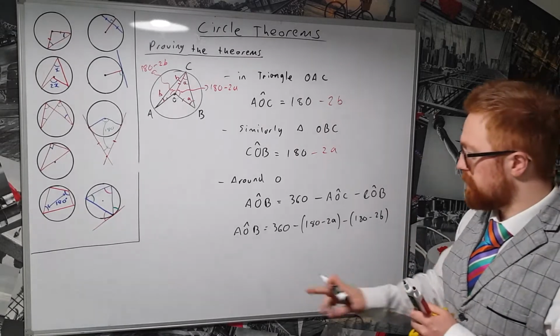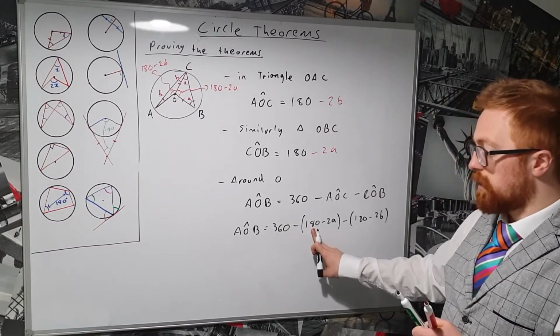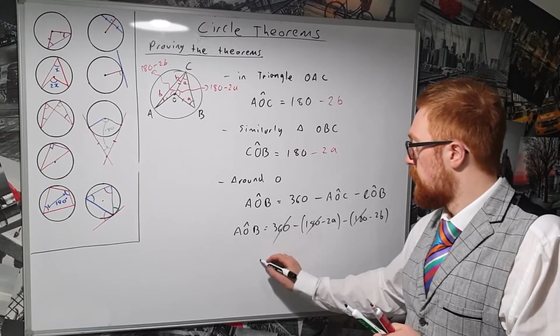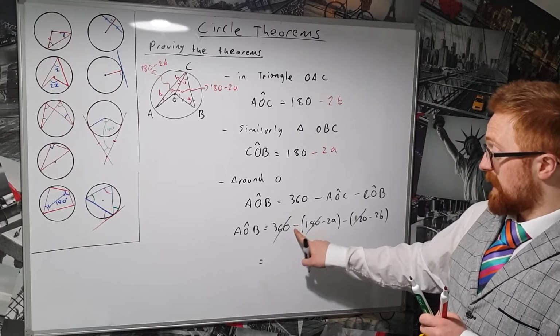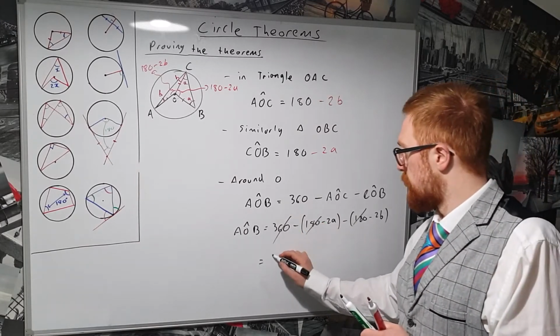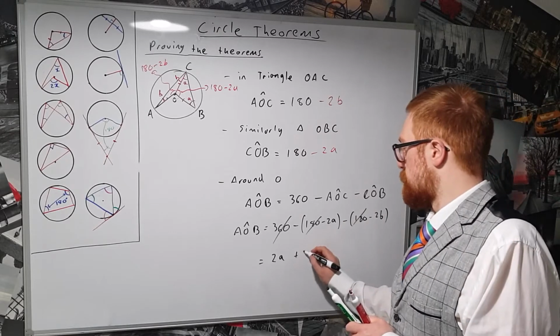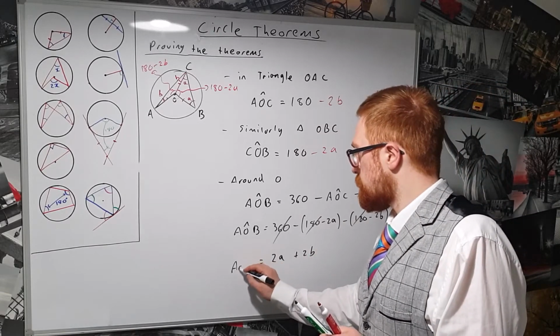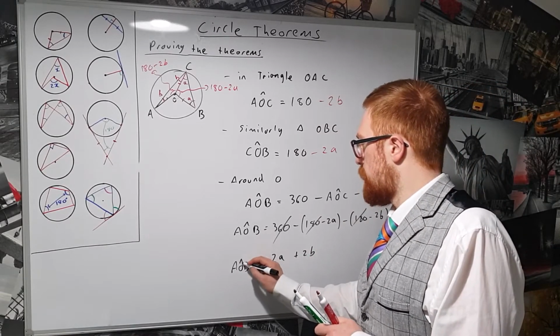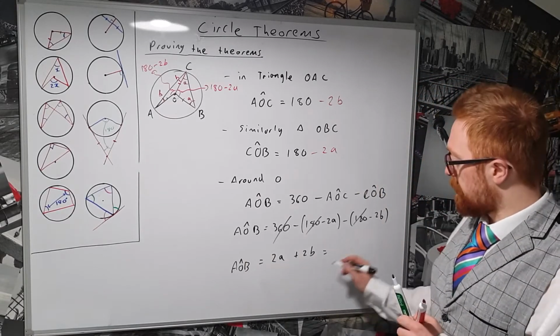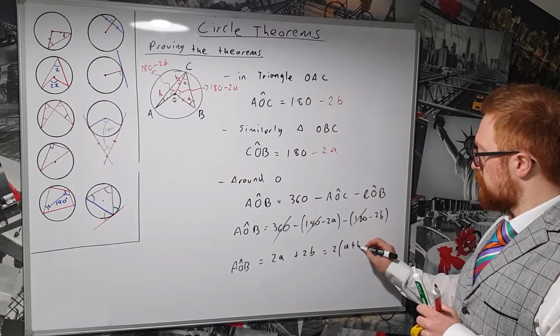Now let's work this out. 360 take away 180 take away 180, well, they all just cancel. So we're left with negative minus 2a is plus 2a, and negative minus 2b is plus 2b. So that is AOB, and that's equal to, if I pull out a factor of 2, 2 lots of a plus b.